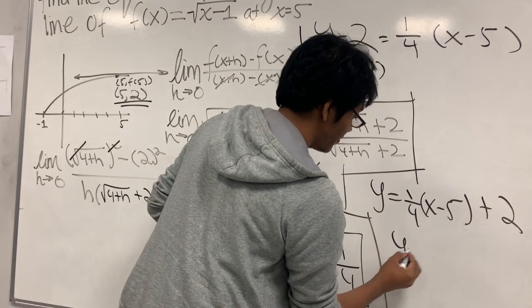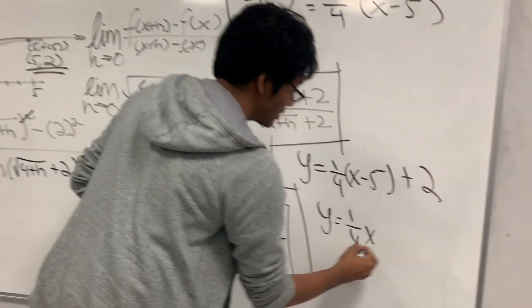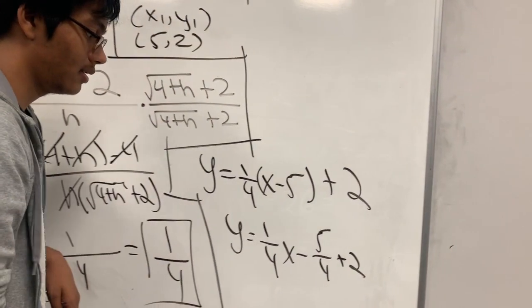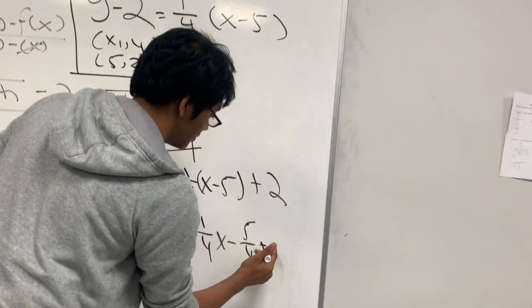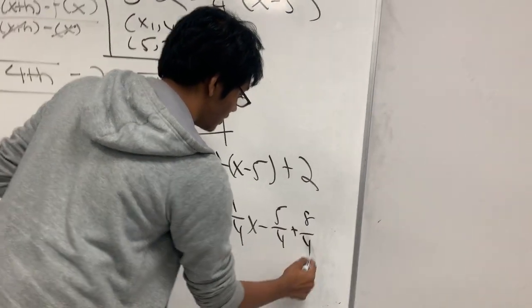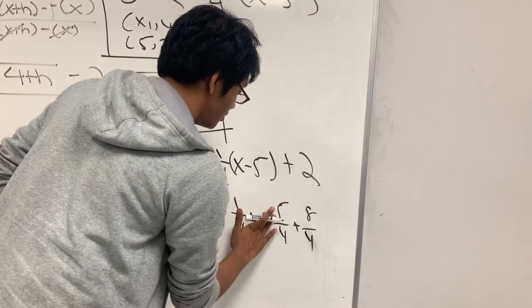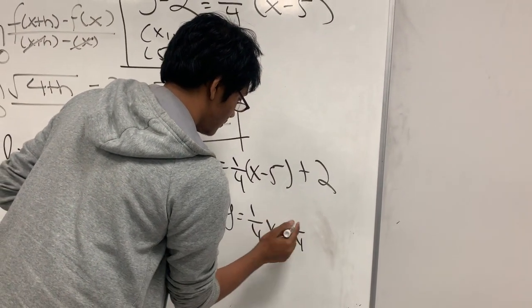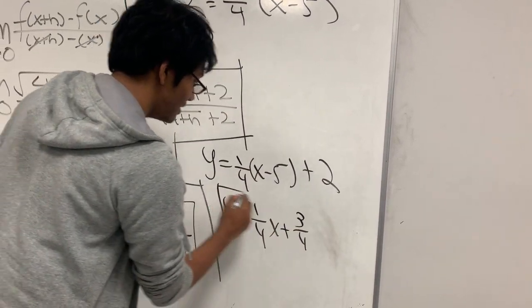Let's go ahead and simplify that. We get 1 over 4 x minus 5 over 4 plus 2. 2 is just, what? 8 over 4, right? So this simplifies to plus 3 over 4. Okay, folks, so this is the equation of our tangent line.